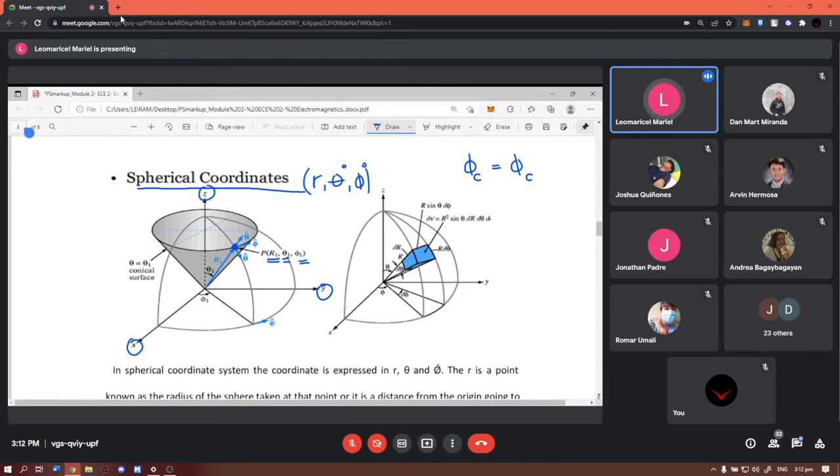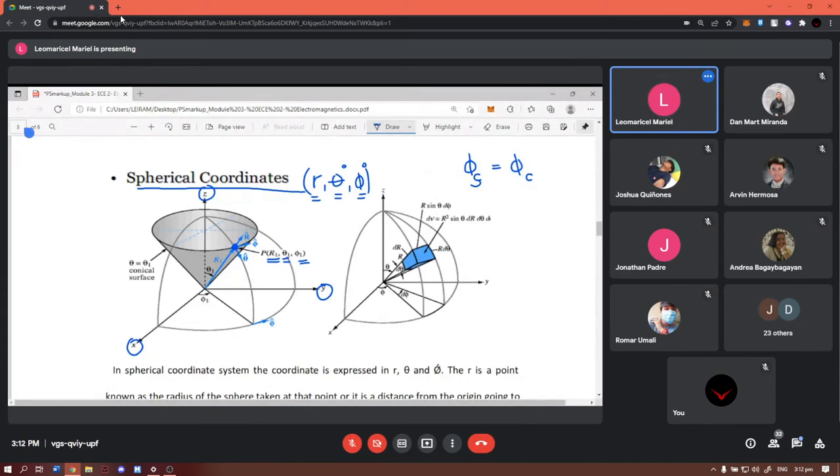Dito sa spherical at cylindrical, ang magkamukha sa kanila ay phi na angle. Yung angle phi in spherical will be the same as angle phi in cylindrical. So common naman siya doon sa dati natin. Ang hahanapin natin ngayon will be the R and the theta. Okay. Nasaan yung ating ranges na to?